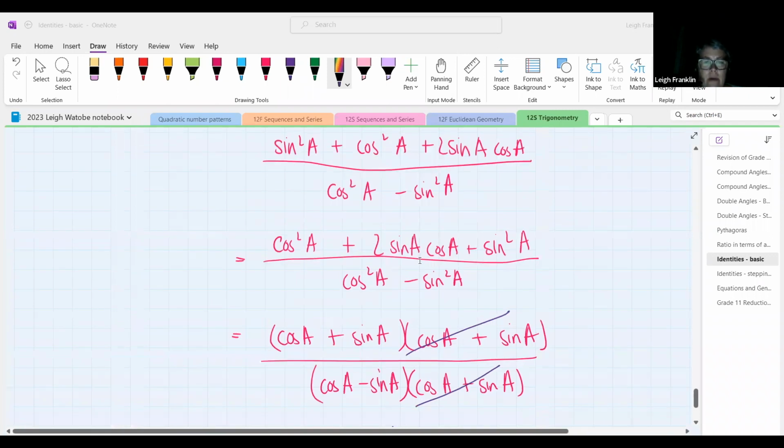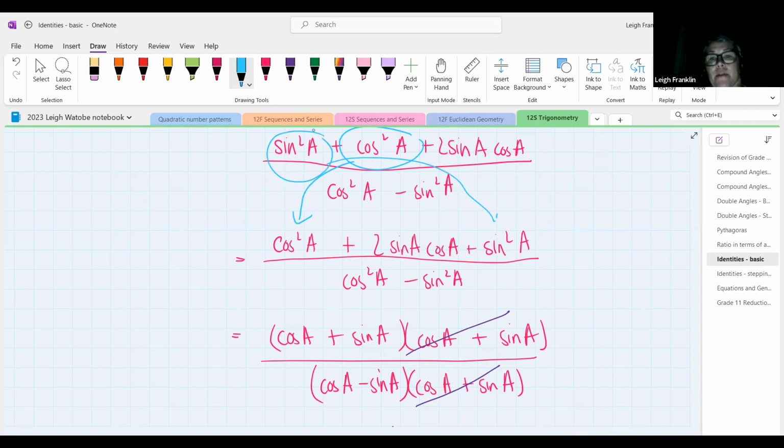You mean cos squared A plus 2 sine A cos A. I don't understand why we took sine squared A to the other side. Okay. So what I was doing is I was making a trinomial. I took this cos squared A in the middle and put it at the front. I took the sine squared A and put it at the back.